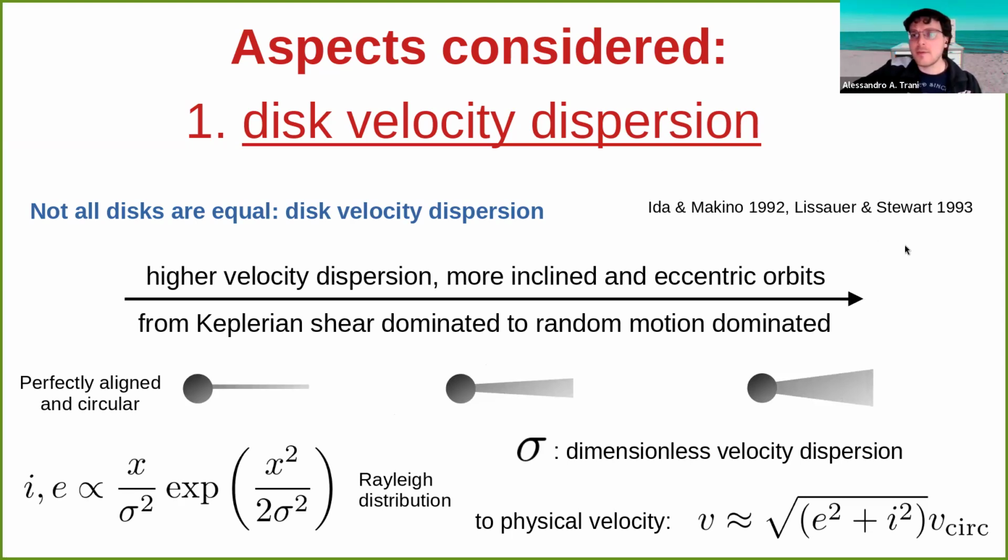Actually, this theory was first developed to explain protoplanetary disks. Basically, we can describe the eccentricity and inclination of the orbits in the disk with the Rayleigh distribution. It is very intuitive: in a cold disk you would have perfectly circular orbits, but as you add a Gaussian component onto the velocities in two directions, of course you obtain a Rayleigh distribution.